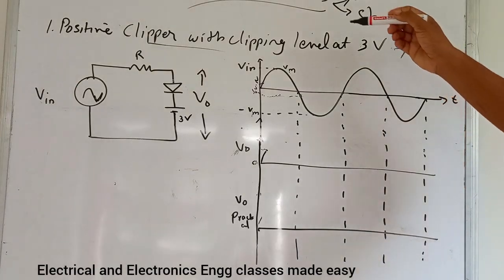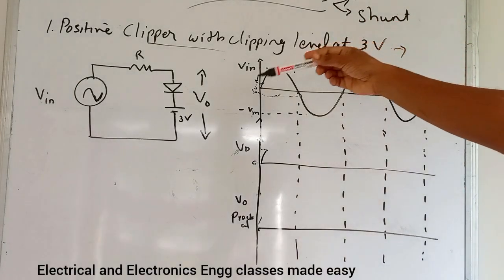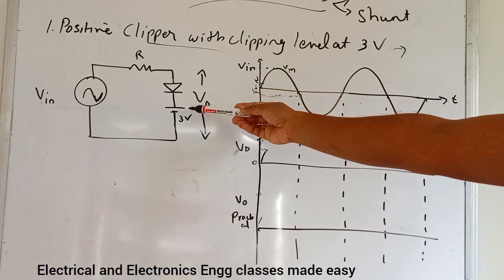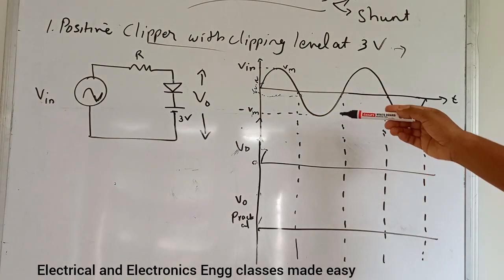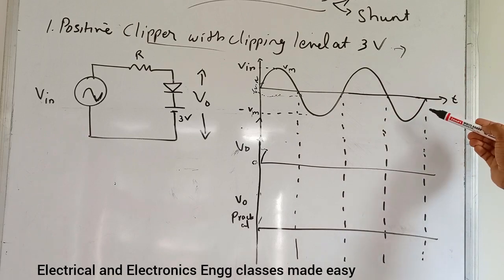Next is positive clipper with clipping level at 3 volt. So this is the circuit diagram. So here a voltage of 3 volt is applied here. Then this is the input waveform.